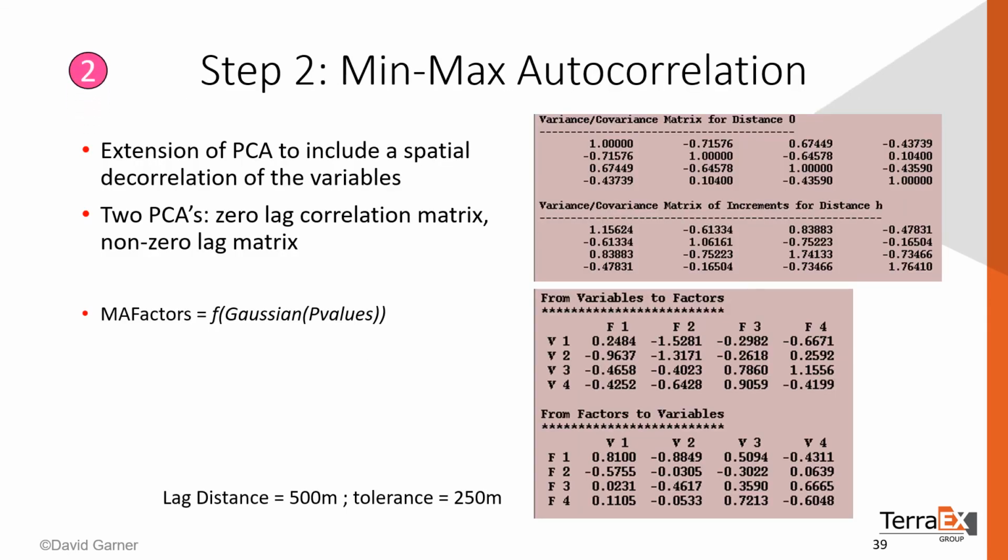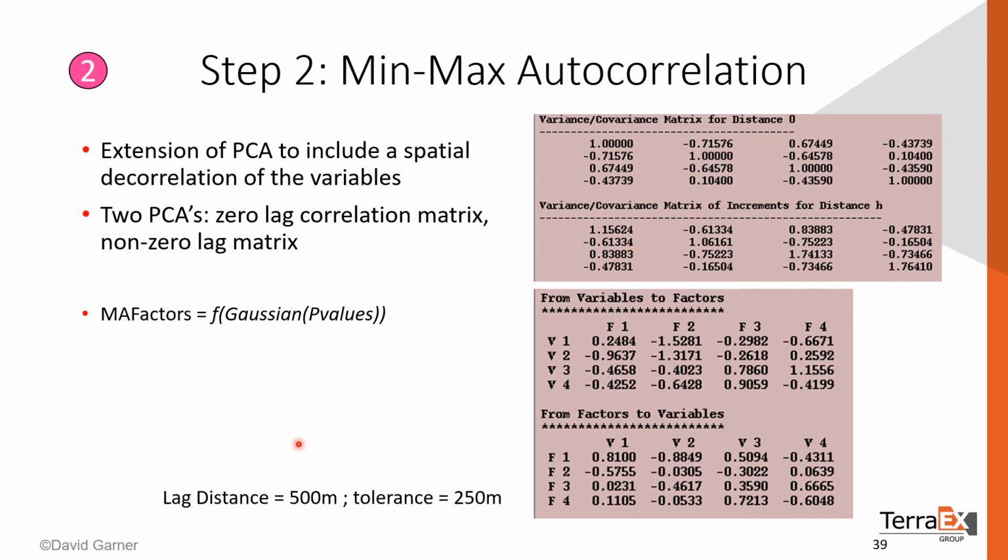Okay, so in the min-max autocorrelation, we have, as I said, two covariance matrices. The first is the regular PCA, and the second is the covariance related to the lag values.